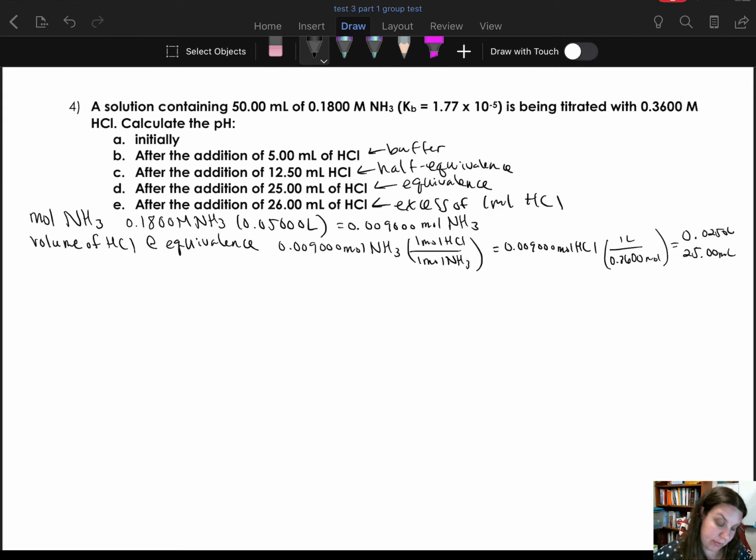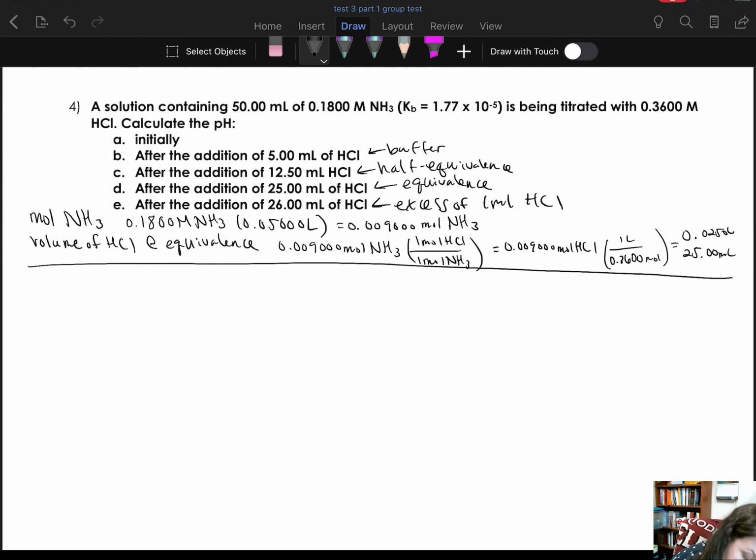Okay, so now that we've gotten that, let's go ahead and start. So we start initially. So initially we have just NH3. So it's going to react with water in a hydrolysis reaction to produce NH4 plus and OH minus.